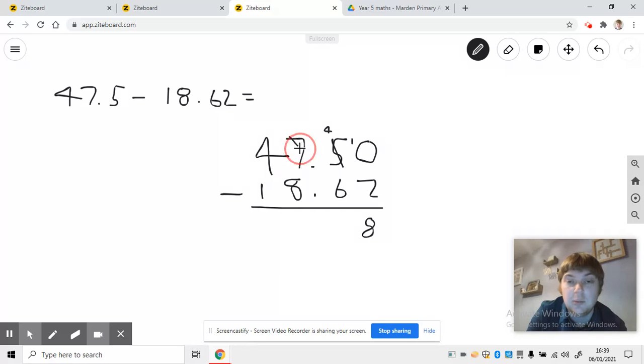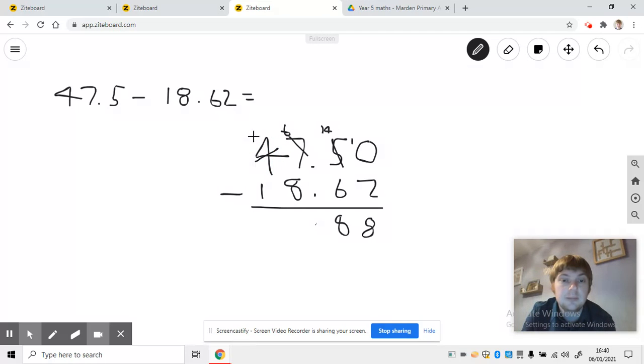So we go over to our 7 ones. We take 1 one and we make it into 10 tenths. So 14 tenths take away 6 tenths is going to be 8 tenths. We can see here, this is where our decimal point goes. Now we have our 1s, 6 ones take away 8 ones. Again, we know that doesn't work, so we need to exchange.